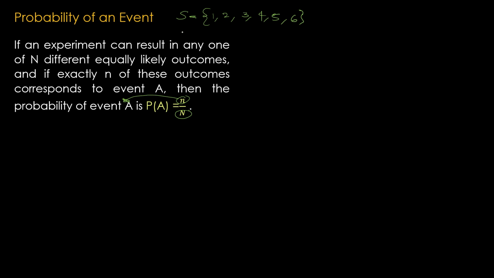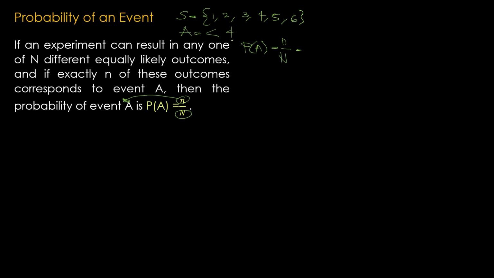If our event A corresponds to the event that after we toss a die, the resulting number would be less than 4, the probability of event A happening would be small n over the capital N, wherein the small n corresponds to the outcomes for our event A. What are the possible outcomes for our event A?